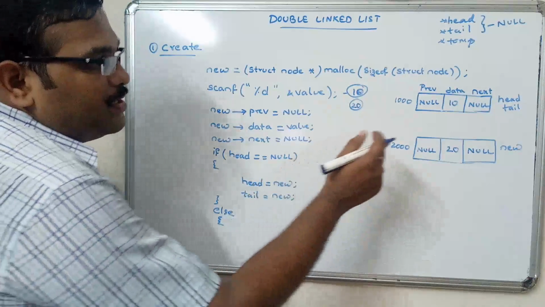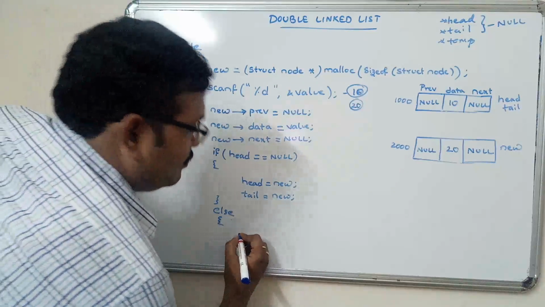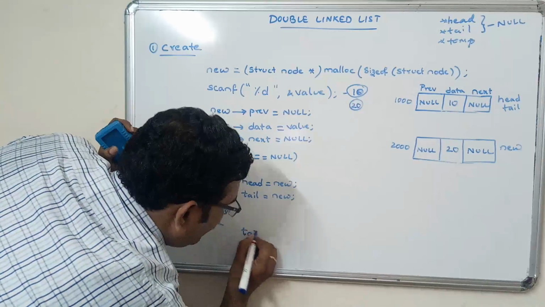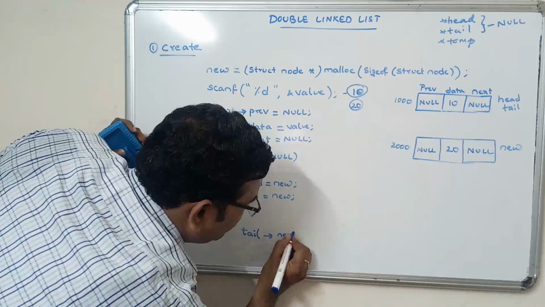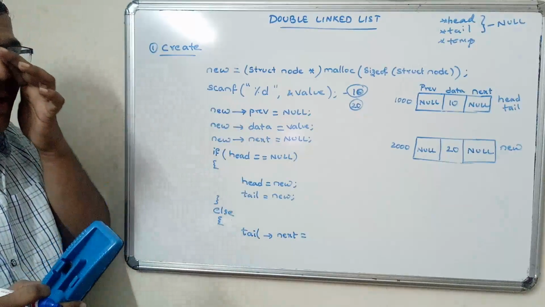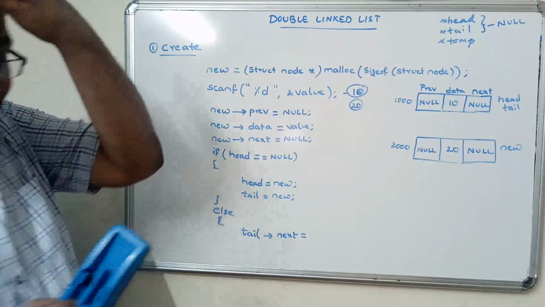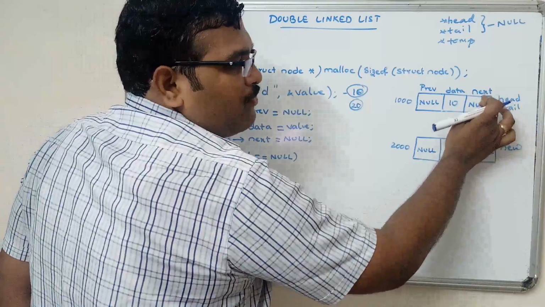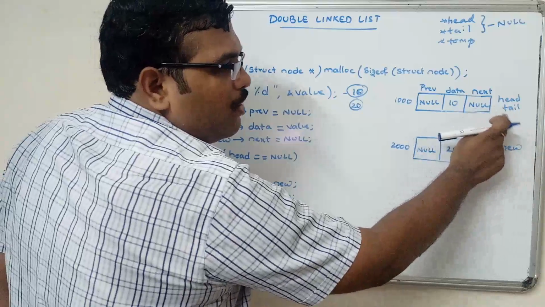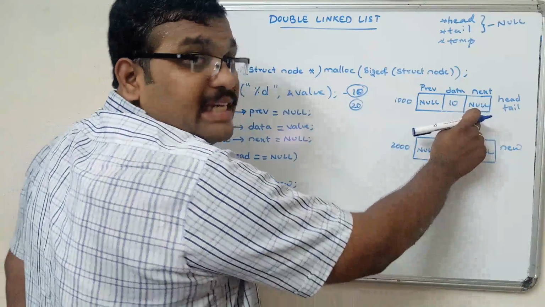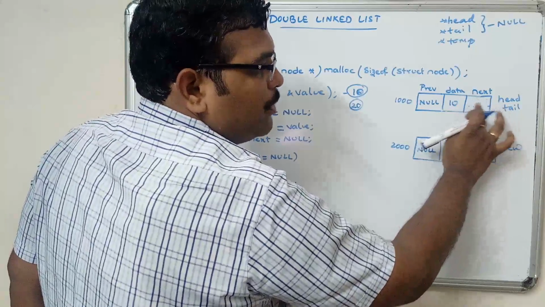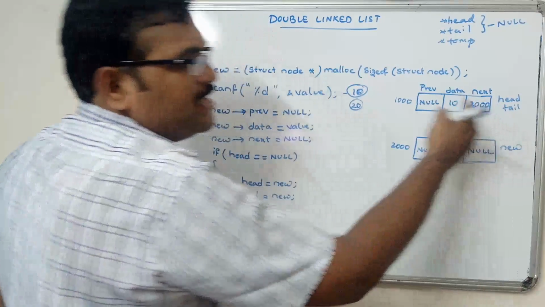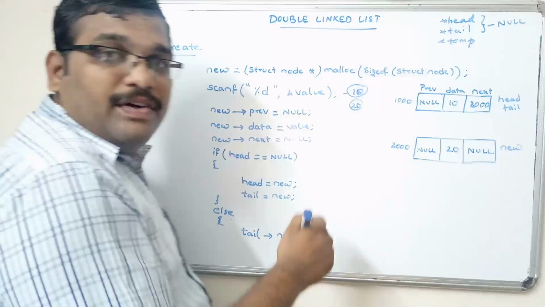See, first, tail of next. Tail of next means this one. What should it be? 2000 should be placed here, because 2000 is the second node, and the address of the second node should be placed in the address field of the first node.